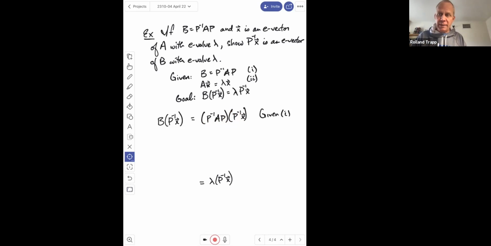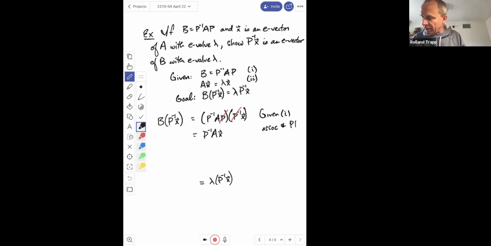It's like multiplying by 3 and then multiplying by 1/3. They just cancel. So these two just cancel, and this just gives me P inverse AX. And this is the associative property, and the fact that P times P inverse is the identity, which plays the role of 1. That's why it just completely disappears.